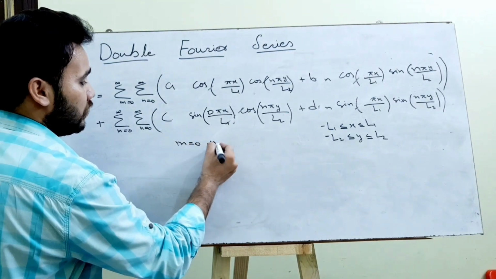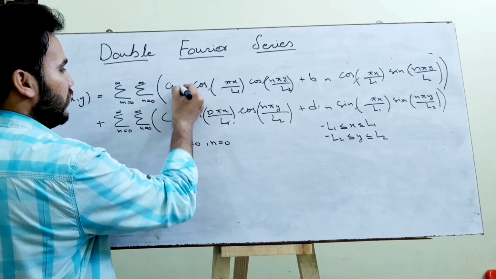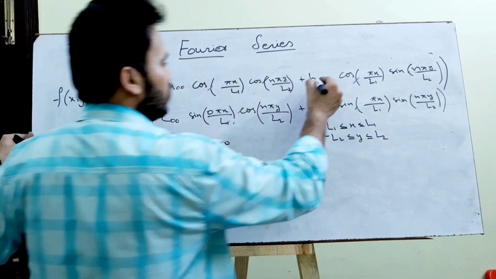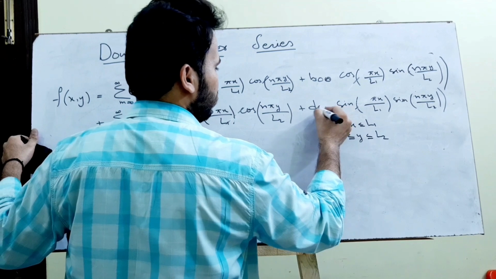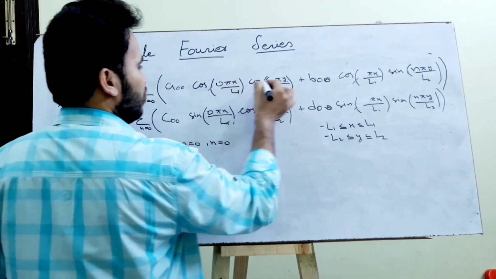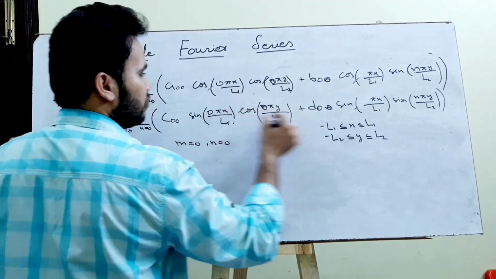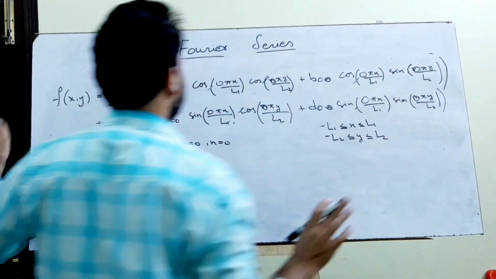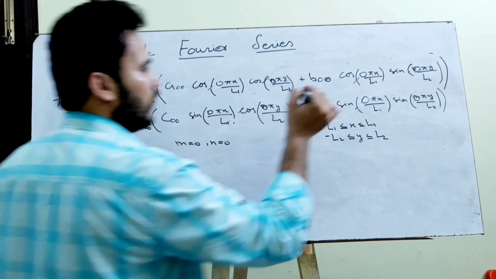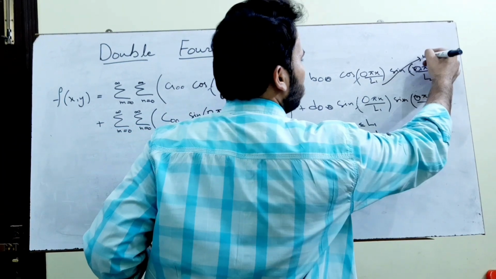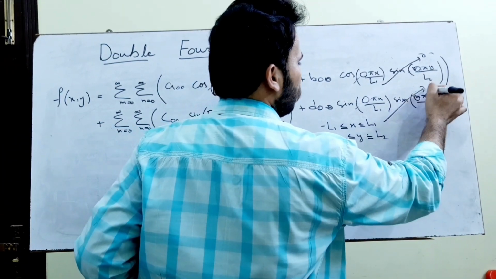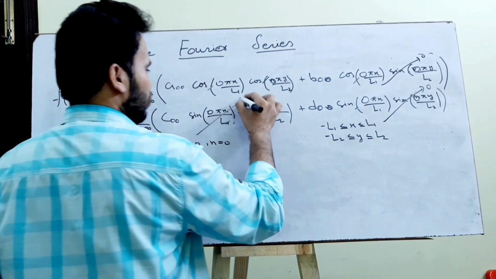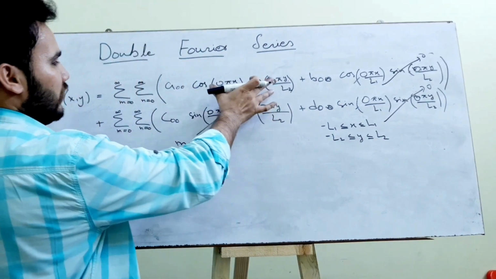Now if m equals 0 and n equals 0, both are 0, then the cosine terms become 1 and the sine terms become 0, so only the remaining part is this one.